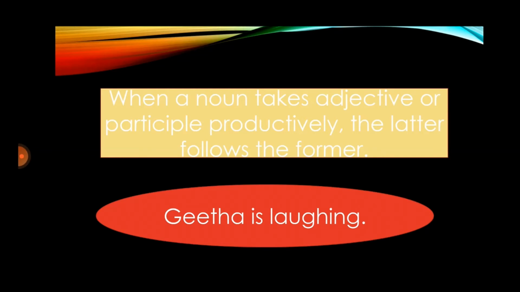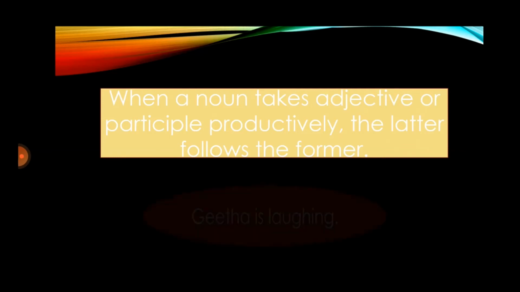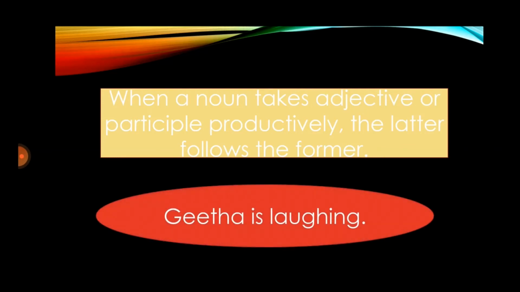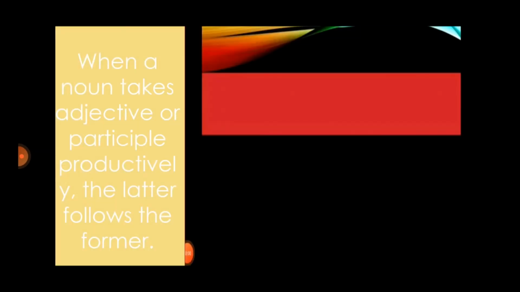Here "laughing" is acting like an adjective, but at the same time it follows the former. So that's what they say: when a noun takes an adjective or participle productively, the latter follows the former.